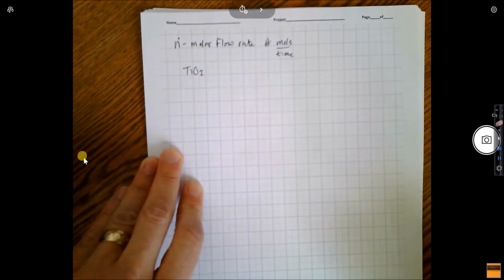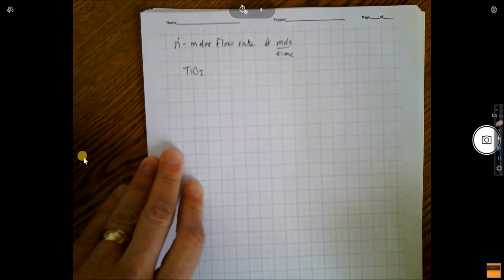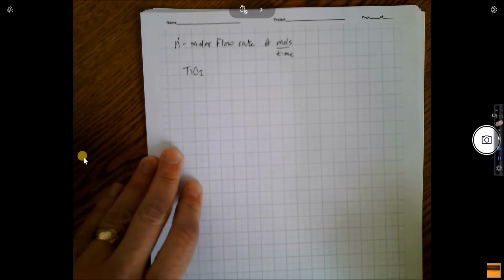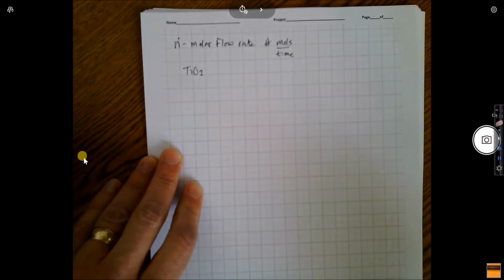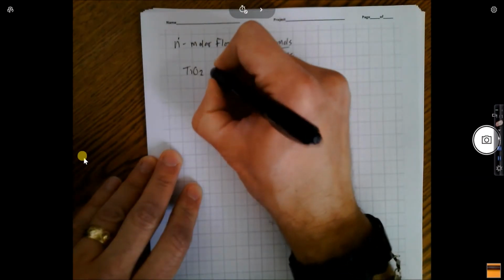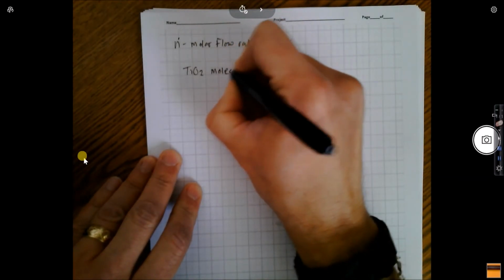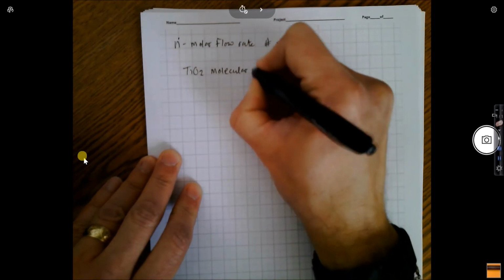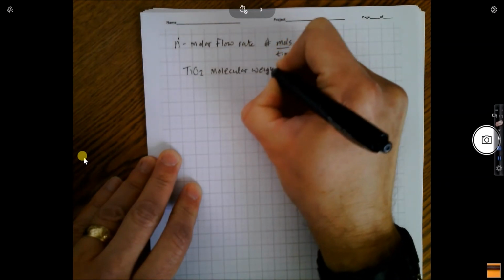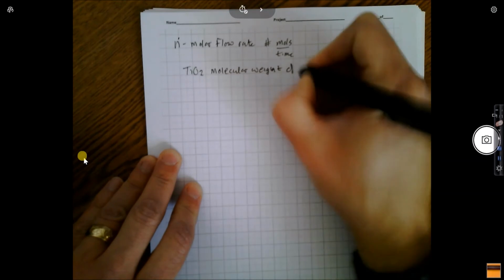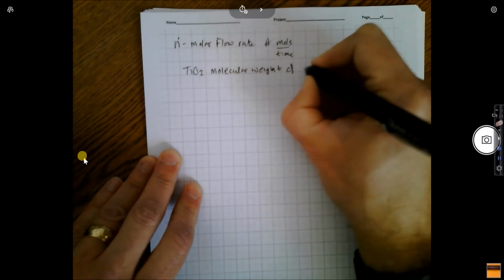Titanium dioxide comes in two polymorphs, just a fun fact: anatase, I'm probably pronouncing it wrong, and rutile, which is probably the more common of the two. Someone may want to correct me on that. Titanium dioxide happens to have a molecular weight of 79.866 grams per mole.